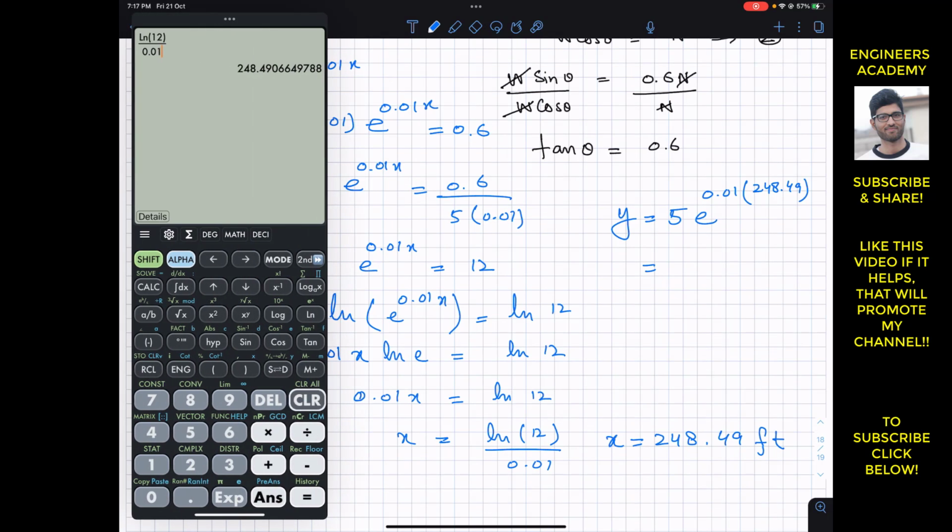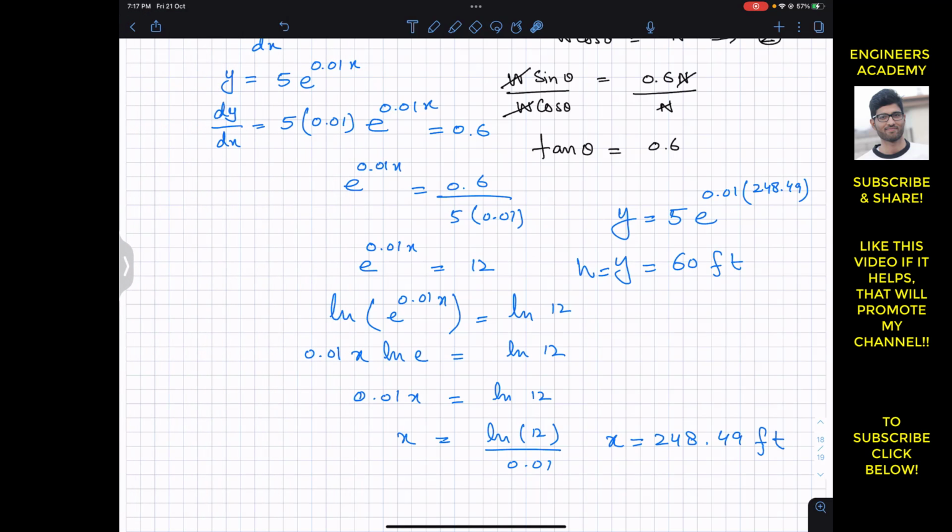So 5 e to the power 0.01 into 248.49 gives us 59.999, which is approximately 60 feet. And this is the y value, or we can say that y equal to 60 feet is the height of the man at that particular point where tan theta is equal to 0.6.